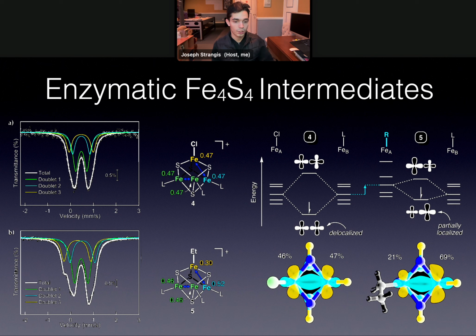This configuration matches up with the same electronic structure that we see on the left, where the inherent electrons are fully delocalized, leading to formal oxidation state assignments of each iron site.